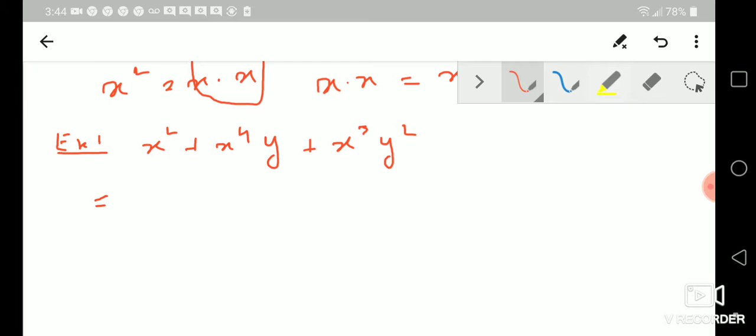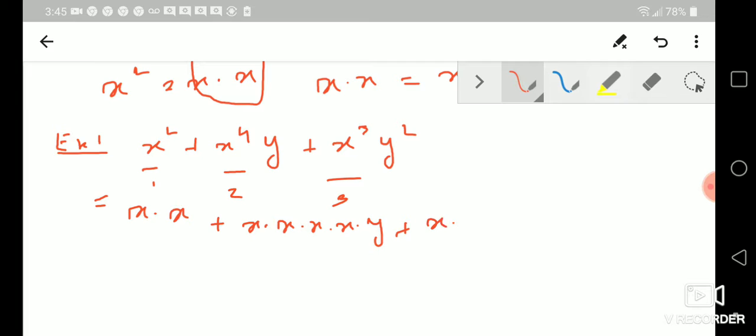Now we want to see what is common between all these three terms: term number 1, term number 2, and term number 3. Let's break it down to simplify. x squared we can write as x dot x, and x to the power 4 we write as x dot x dot x dot x, and we leave the y as it is.